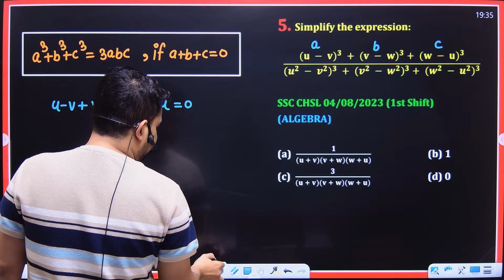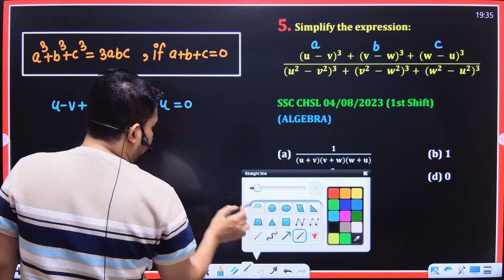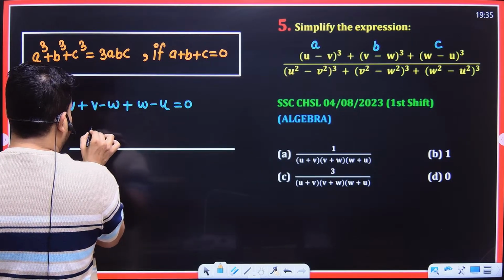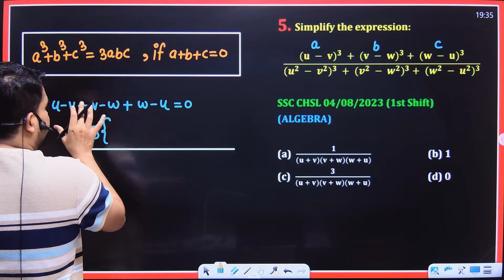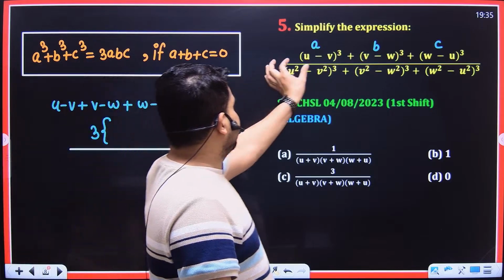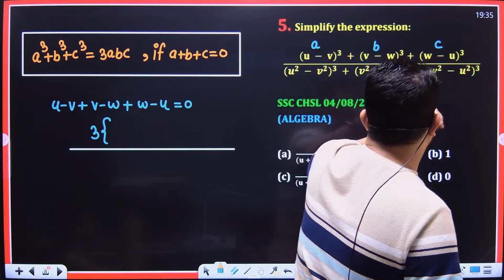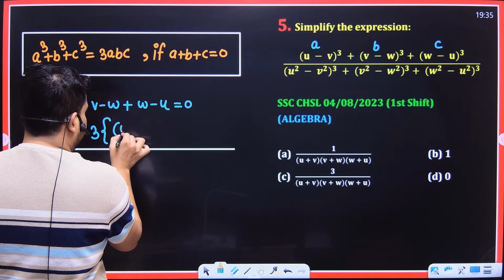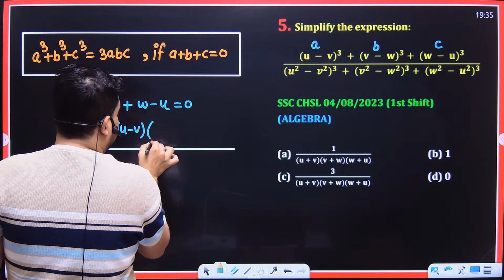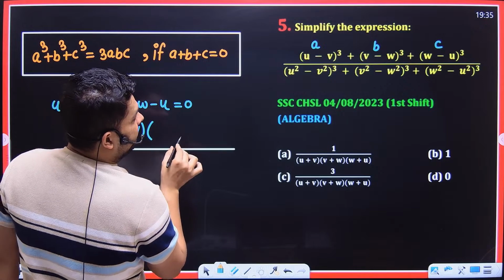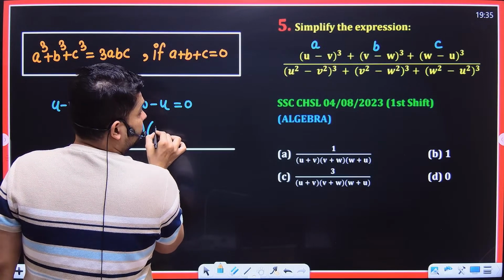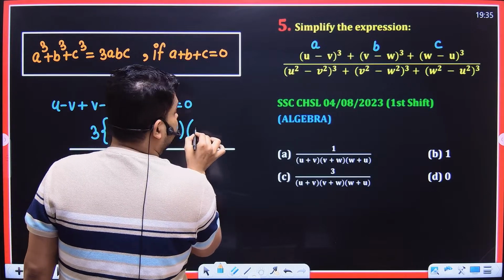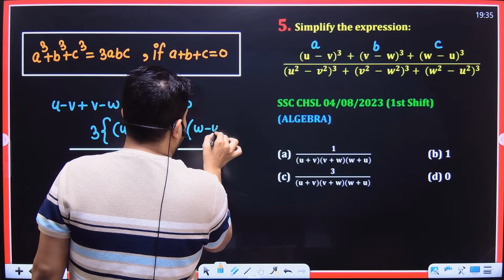So I can write it as 3 times of, see, if a plus b plus c equal to 0, then a cube plus b cube plus c cube is equal to 3 times of a, b, c. It means I can write it as u minus v, v minus w, and w minus u.